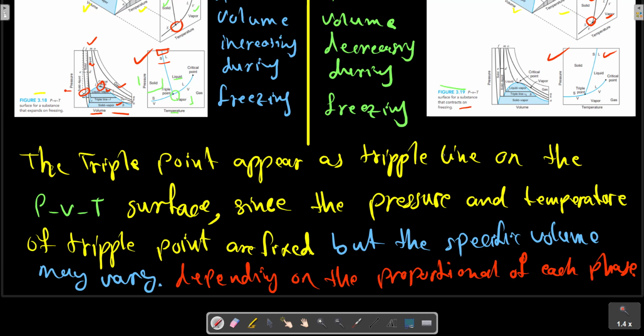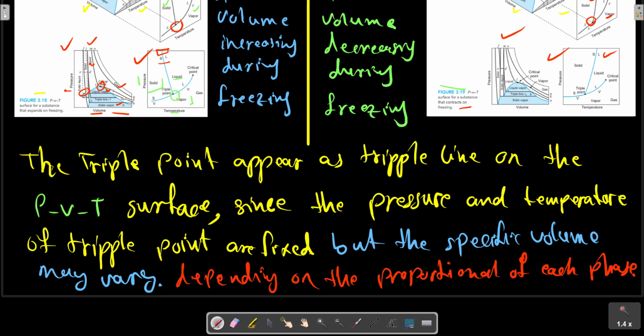Various lines of constant temperature are shown on the pressure-volume diagram, and the corresponding constant temperature sections are located identically on the PVT surface. The critical isotherm has a point of inflection at the critical point.